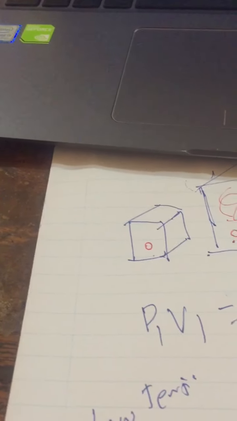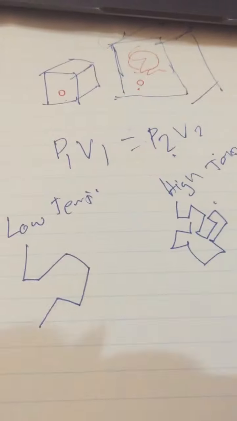So you know that pressure in a liquid is given by h rho g. Now when the temperature increases, density decreases.